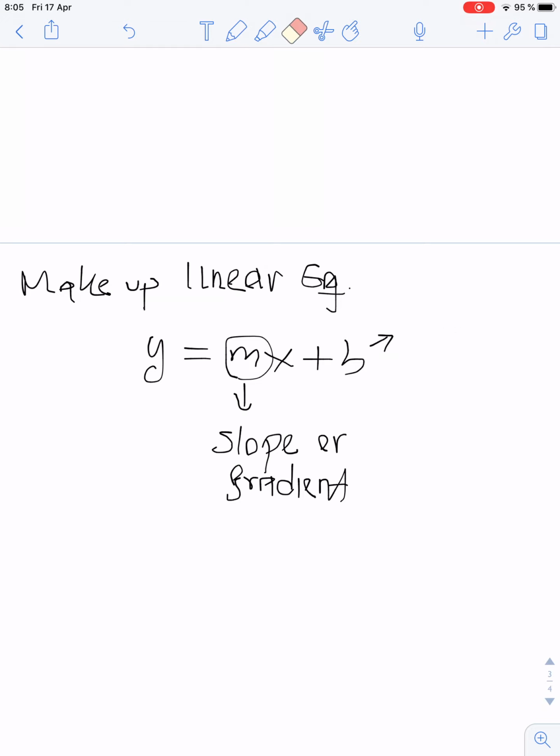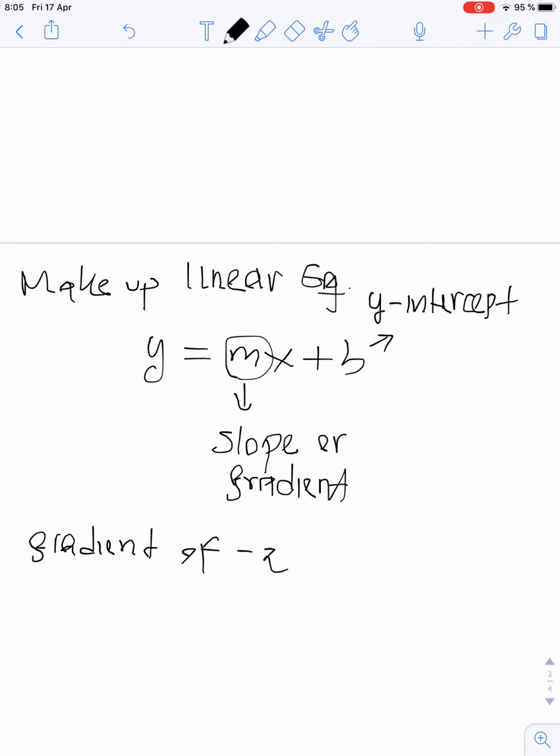Now for example, if we have the following: a gradient of minus 2 and a y-intercept of 4.